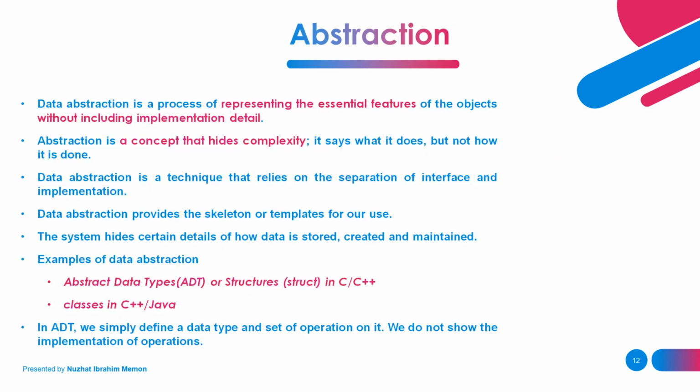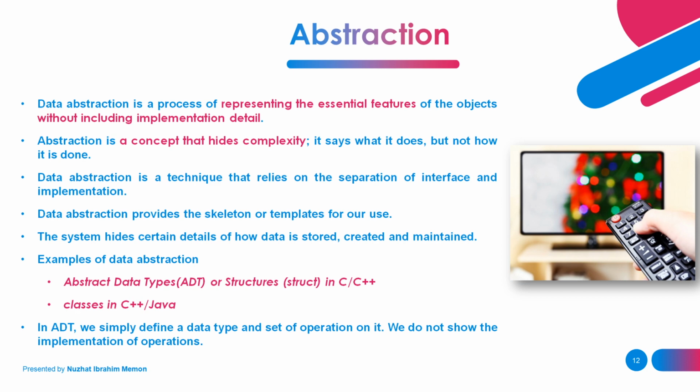The next topic is abstraction. Data abstraction is the process of representing the essential features of an object without including implementation details. Here I will explain this concept with the example of the remote control of our television. The user knows only the essential features, like how to switch on or off using the power switch, how to adjust the volume, or how to change the channel.